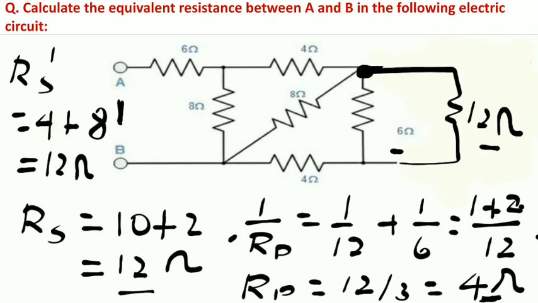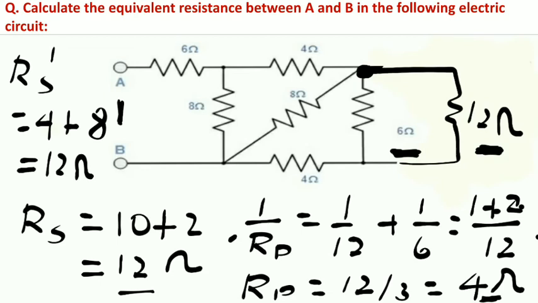Whenever the current does not divide, it means the resistors will be in series. I have told you in the last problem. So this 12 ohm and this 6 ohm, these two are in parallel. So the resultant of this 12 and this 6 ohm, which are in parallel, we will calculate. How to calculate?